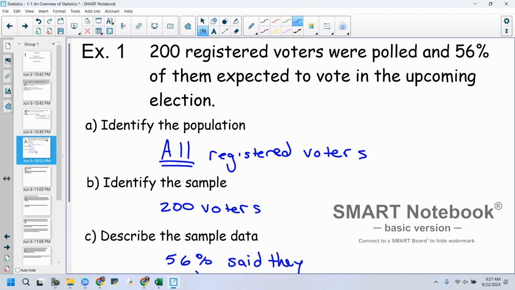I could say that 56% of the population will probably vote, but not necessarily dead on. That's really hard to do. But we could get a range of values, right? And we could say with some level of confidence that this piece of data is accurate, right?